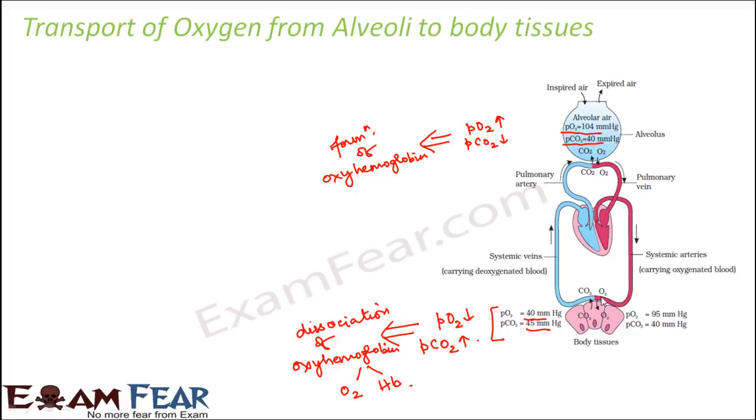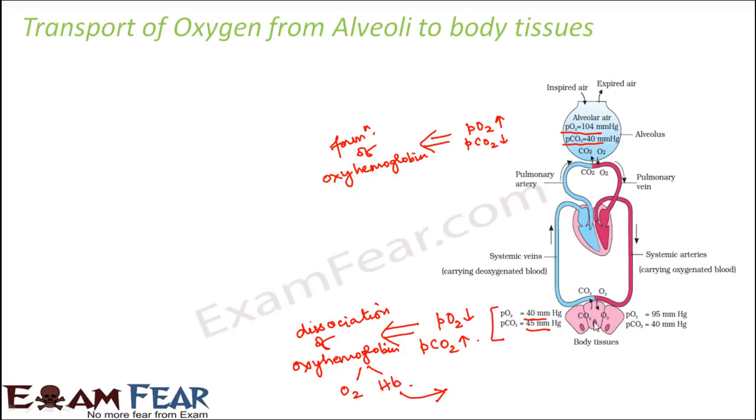What will happen to this hemoglobin? The same hemoglobin will then be utilized to carry the carbon dioxide. The carbon dioxide will combine with the same hemoglobin to form something else. That is what we will discuss in the next section when we talk about the transport of carbon dioxide by hemoglobin. So now you understand, whenever the oxygen is released into the blood, it is carried in the form of oxyhemoglobin through the blood.